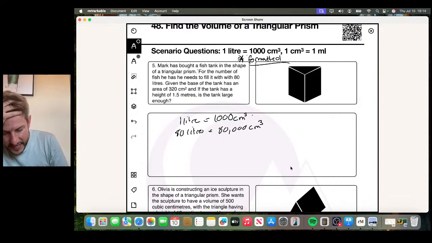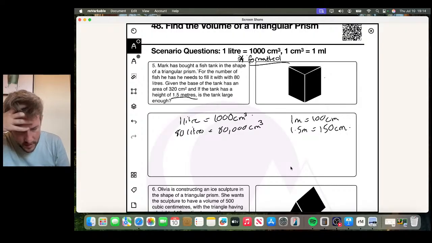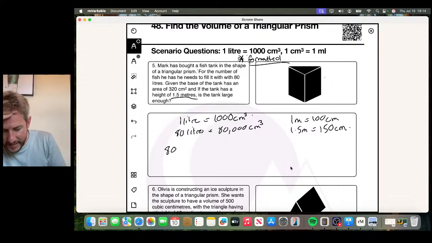The base of the tank has an area of, so I need to change this into centimetres. So we'll say the height is 1 metre equals 100 centimetres. So 1.5 metres equals 150 centimetres. Okay, so then from there what we have is, that's 150 centimetres.